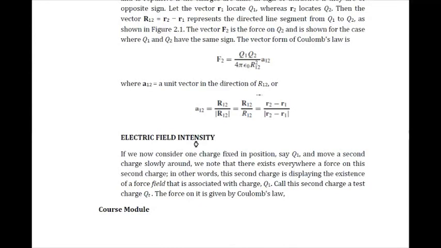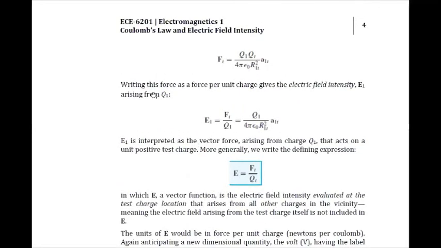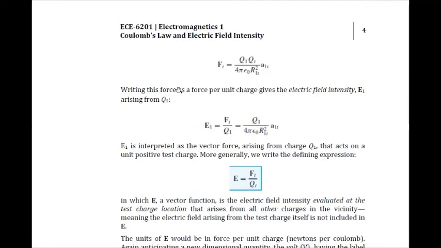Okay, ito yung first natin. Force T equals Q1 QT over 4 pi epsilon sub O R1T squared, then A1T. Okay?